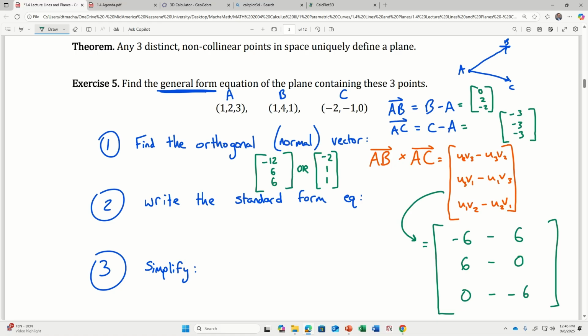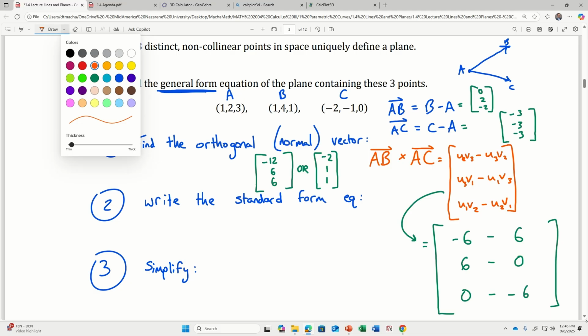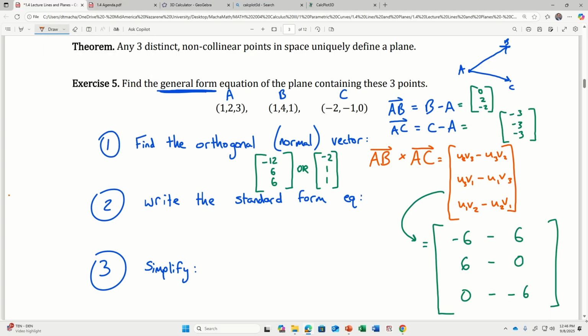All right, now I can write the standard form equation, and the standard form equation is going to be negative 2 times x minus 1, we'll use the point A, because why not? You could use B or C, but A is nice. Plus 1 times y minus 2 plus 1 times z minus 3 equals 0.